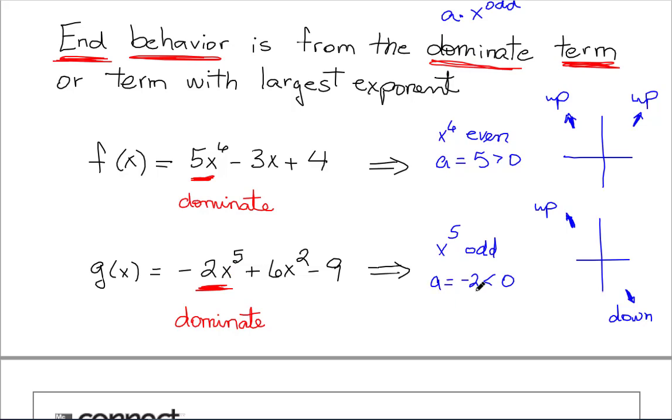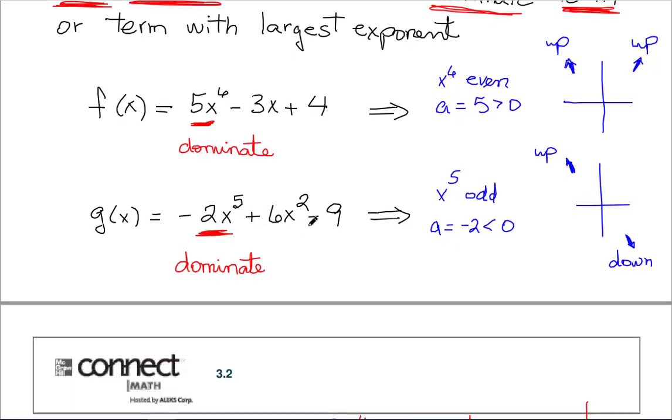The lead coefficient is negative, so it essentially looks like a flipped over x cubed, where the left side is up and the right side is down. So again, this end behavior depends upon the term that has the largest exponent.